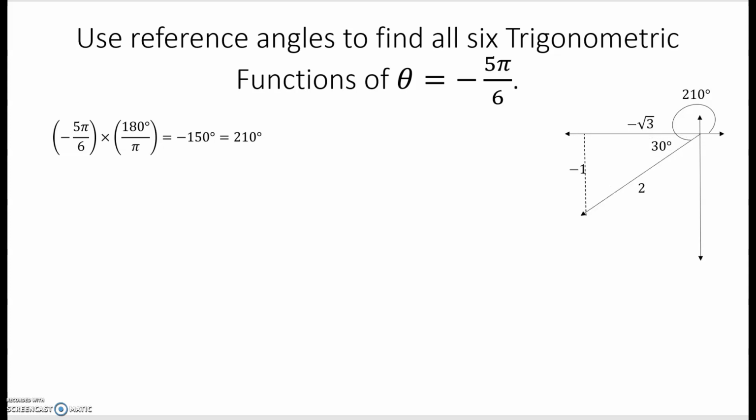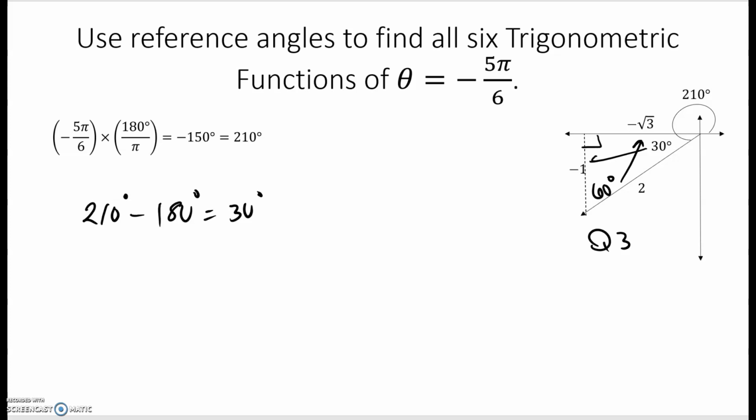Okay, now if we had found degrees and we stick with the 210, well, how do we get to the 30? Well, since we're in quadrant 3, it's going to be the angle they give me minus 180, and that gives me 30. Okay, well, straight across the 30 is negative 1 because this is 90 and this has got to be 60. Straight across 60 is square root of 3.